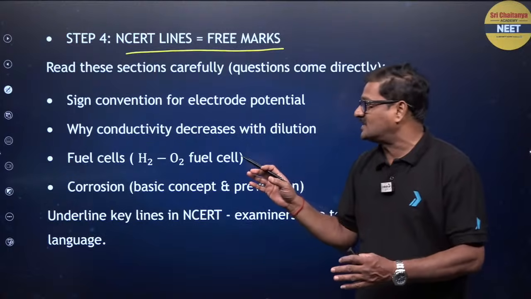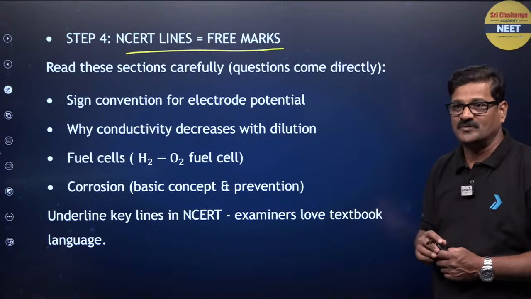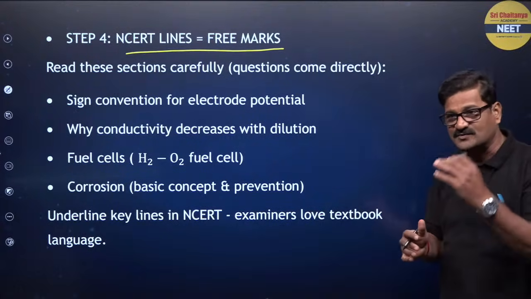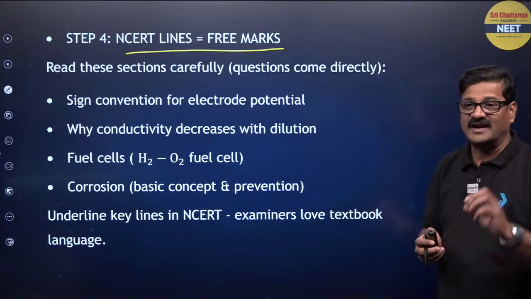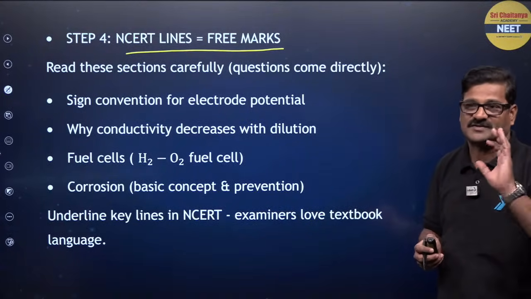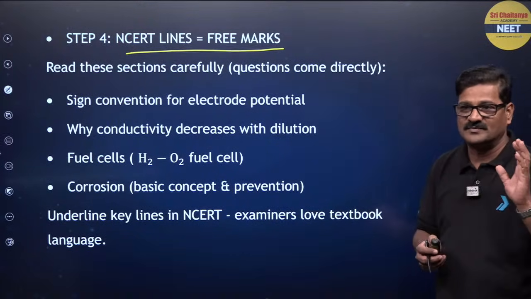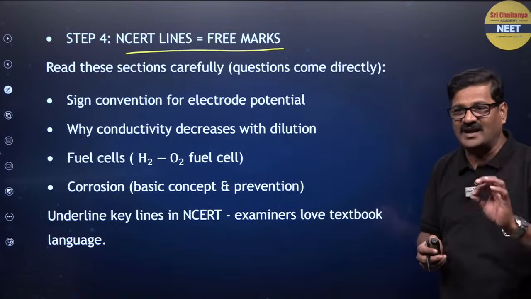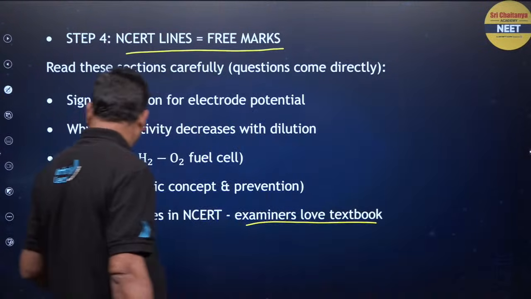Read these sections carefully: the sign convention of electrode potential, which is very important, why conductivity decreases with dilution, and the fuel cells, lead acid battery equations, and corrosion and electrochemical setup. Underline key lines in the NCERT, examiners love textbook language.